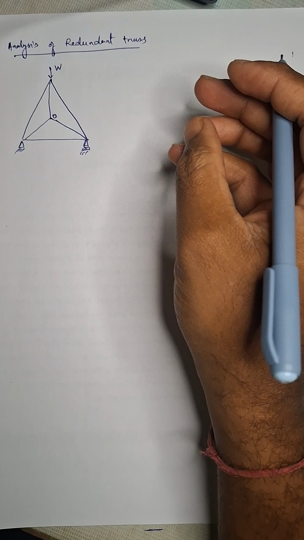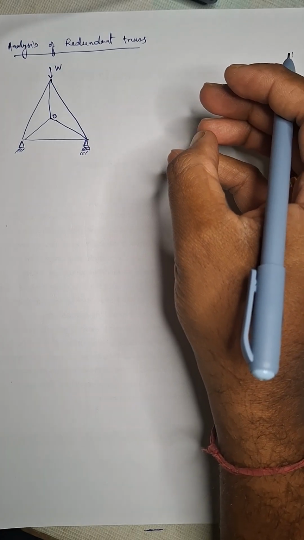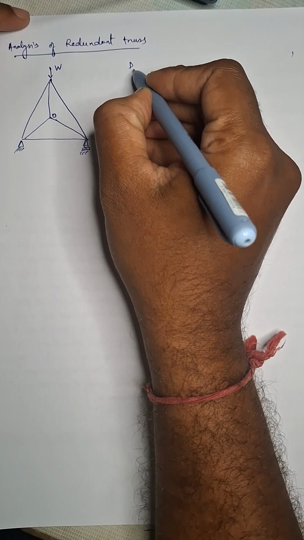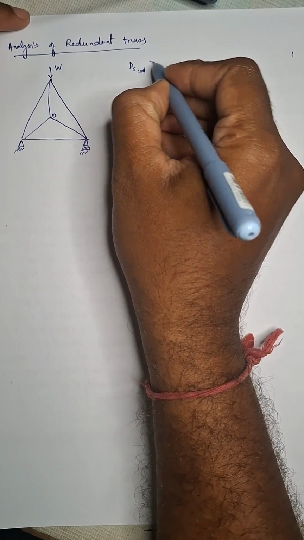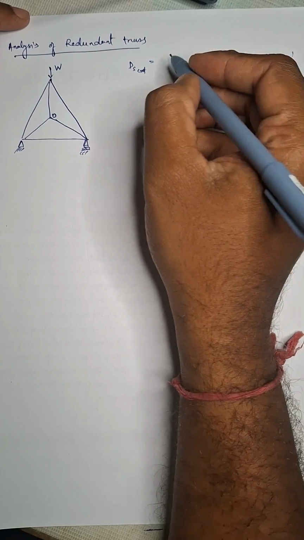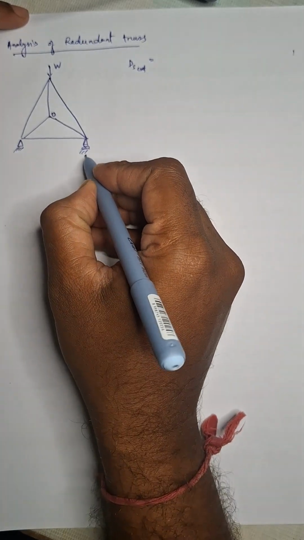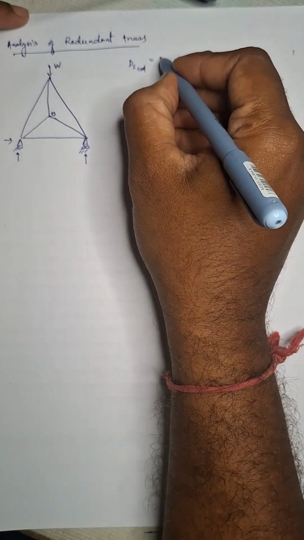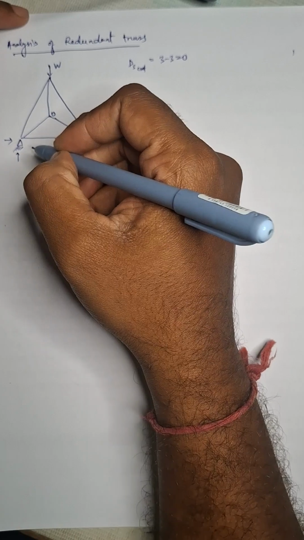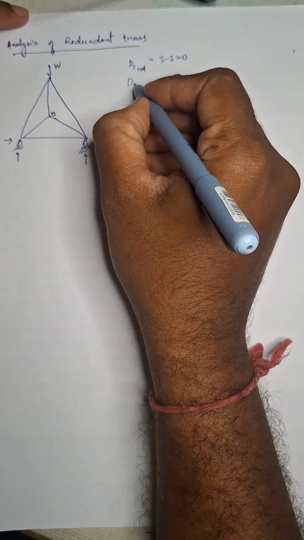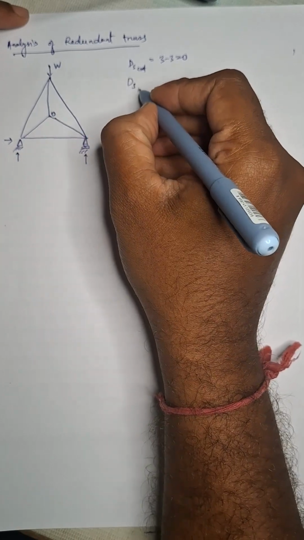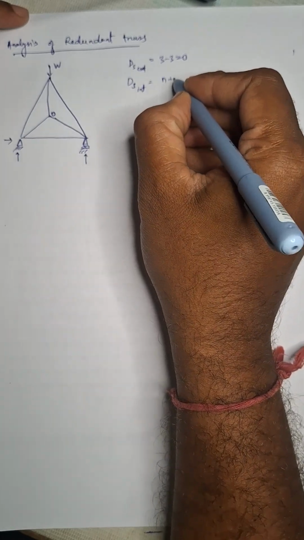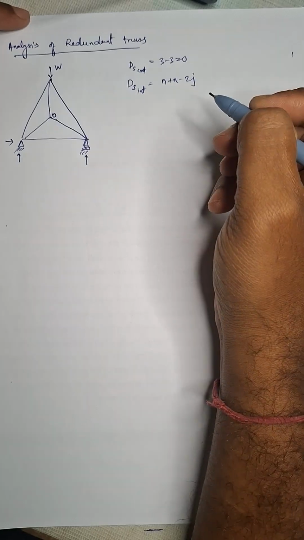First let's find out if the truss is statically indeterminate or not. So the degree of external indeterminacy will be number of reaction minus number of equilibrium equations. So here number of reaction is 3, number of equilibrium equations is also 3, 3 minus 3 is 0. Now the degree of internal indeterminacy can be found out using the formula m plus r minus 2j.